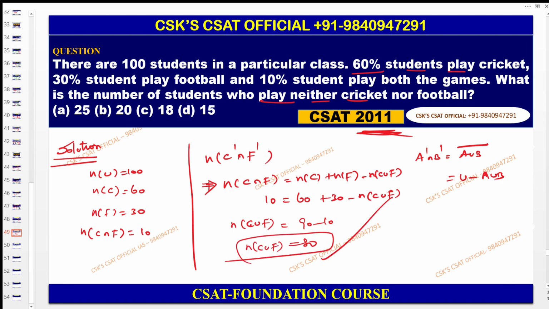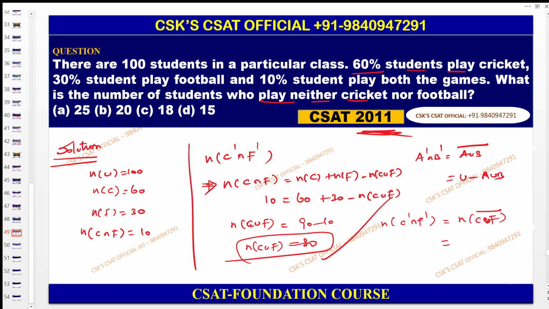Then automatically you can find n of C dash intersection F dash. As I just mentioned, applying it here, the sign changes when you use the whole bar.